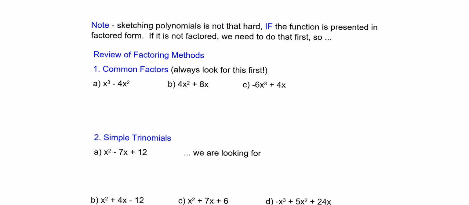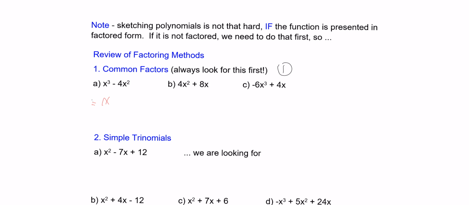For the first one, this is common factoring. That is the first thing we must do. We always must do that. Always do that first. So I look for the common factor of x cubed minus 4x squared.